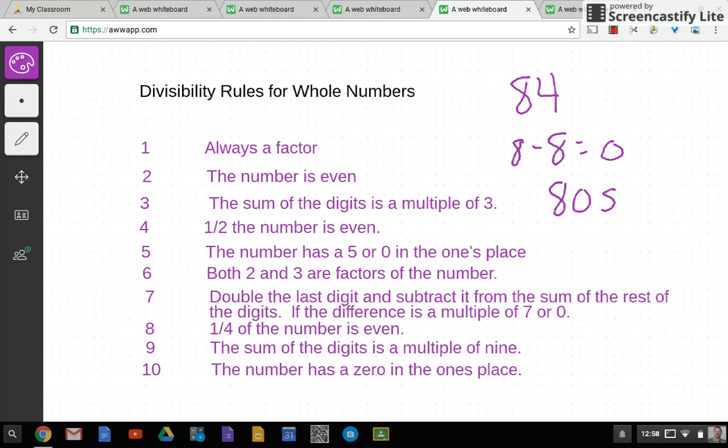If I double the 5, which would give me 10, and I subtract it from the 8, so 8 minus 10, well, that's actually going to be what we call a -2, so that tells me that that one is actually not divisible. So there we go. So those are your divisibility rules. Pause it, copy it. You got the picture.